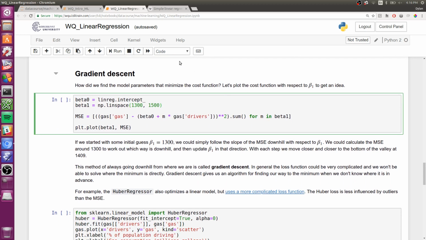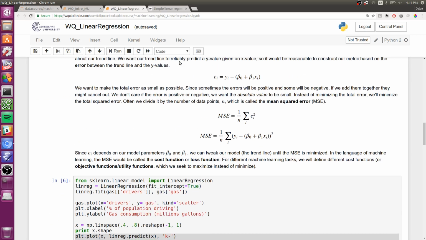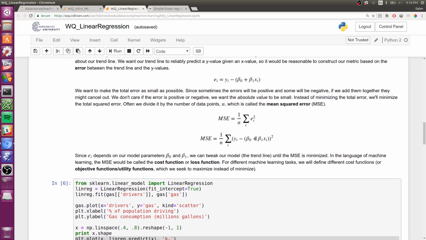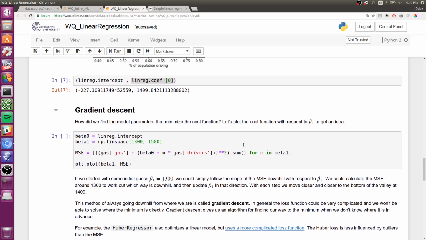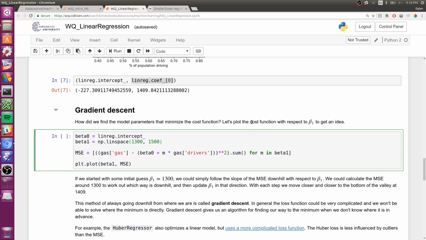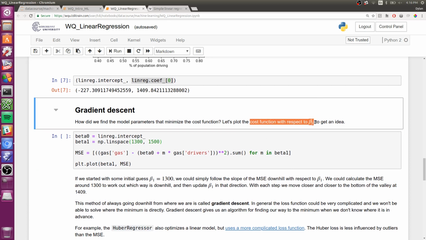So what do I mean by gradient descent? Let's consider the mean squared error as a function of the model parameter beta 1. So we'll actually make a plot of what the cost function would be with respect to beta 1.